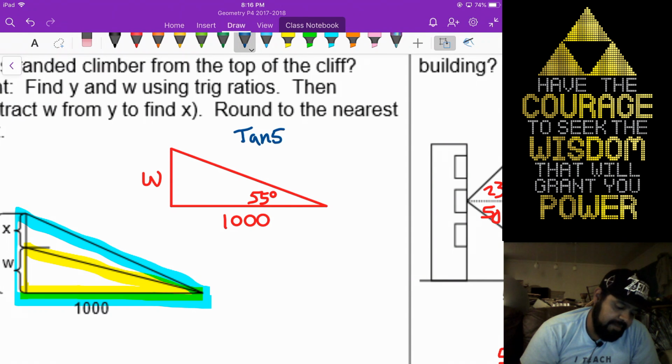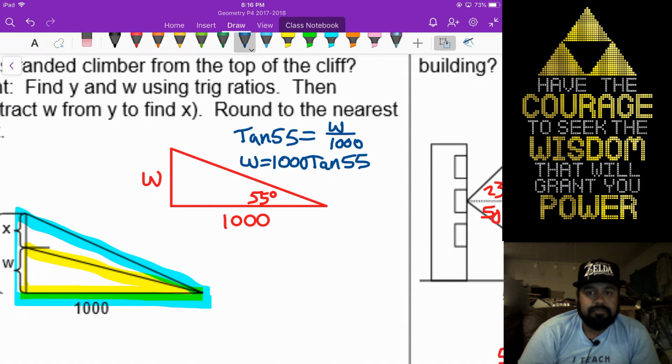Tangent of 55 equals W over 1,000. So W is going to equal 1,000 tangent of 55. So Alyssa, go ahead and type that in your calculator to get the value of W.